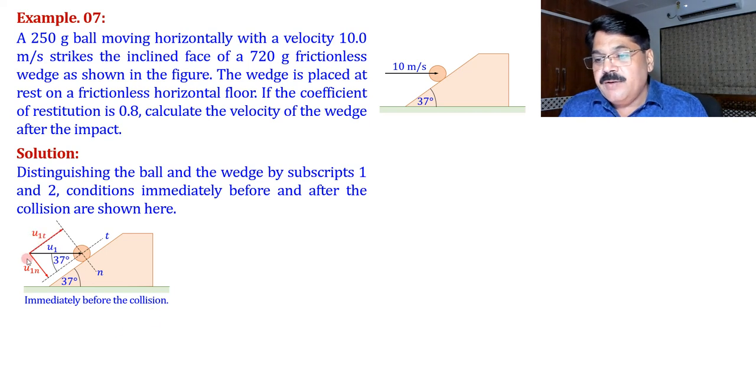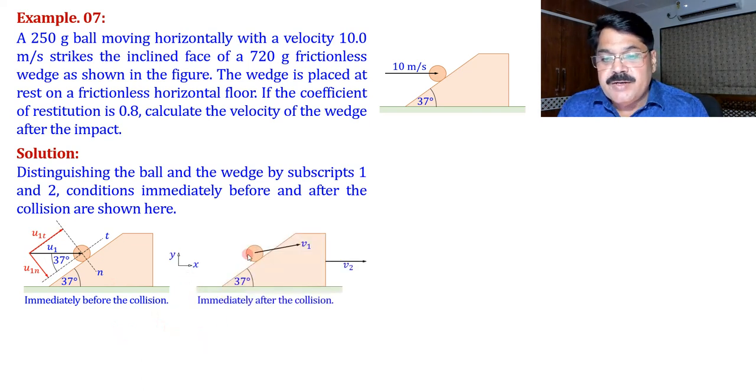So you can write here U1 sin 37, this is U1 cos 37, along the X and Y axes. After the collision, let us assume V1 in this direction and V2 in this direction, V1 for the ball and V2 for the wedge. Again we draw the components: V1T and V1N, and the N component of V2.